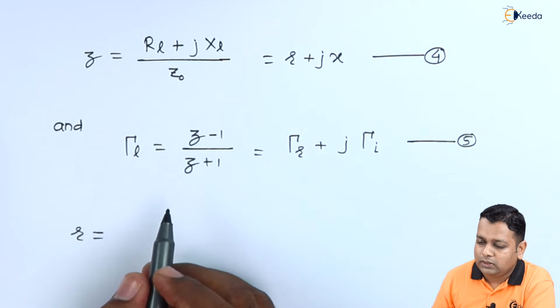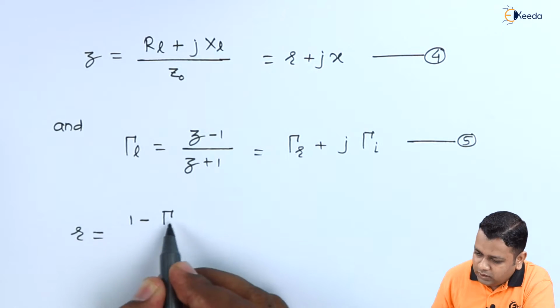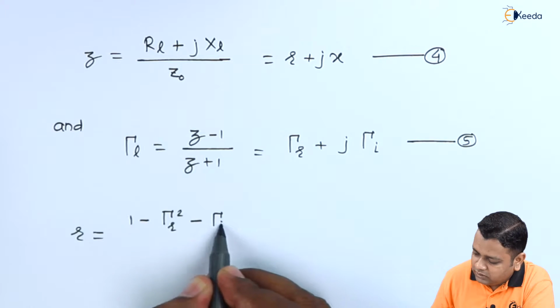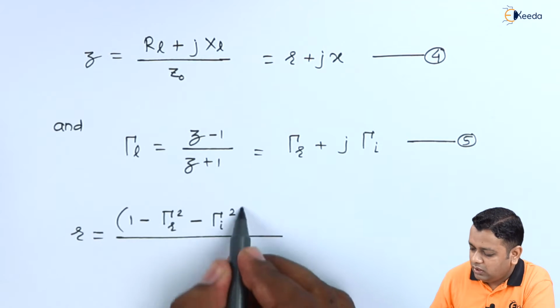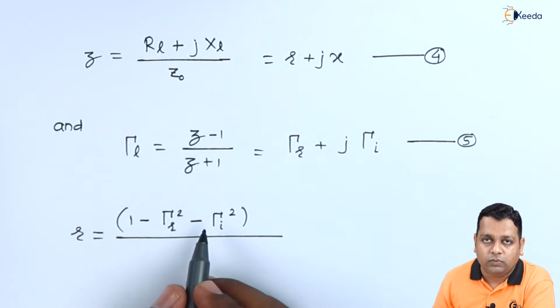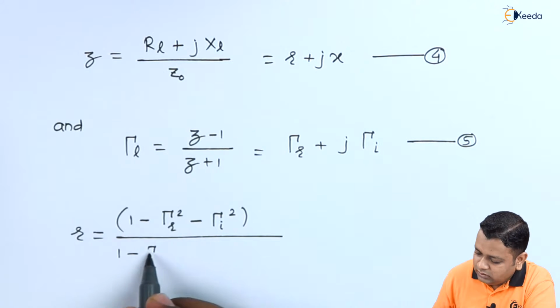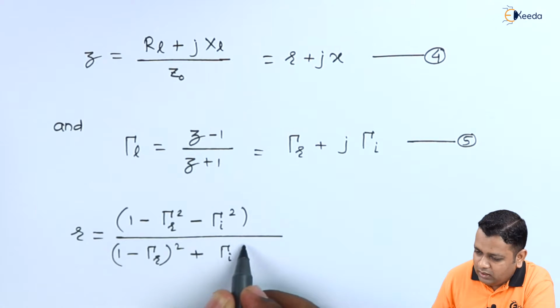Small r is given by 1 minus gamma suffix r squared minus gamma suffix I squared. This is the mathematical relationship in the numerator, whereas the denominator is given as 1 minus gamma suffix r, bracket squared, added with gamma suffix I squared.